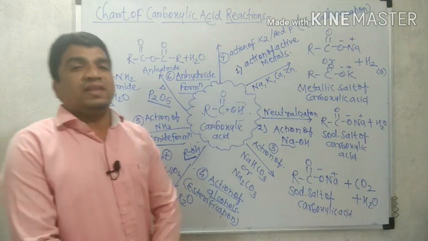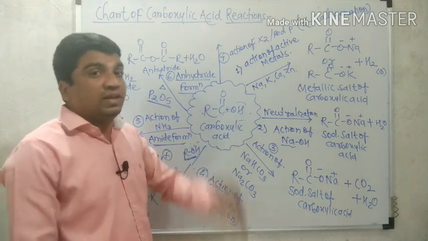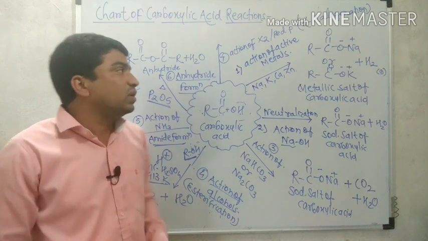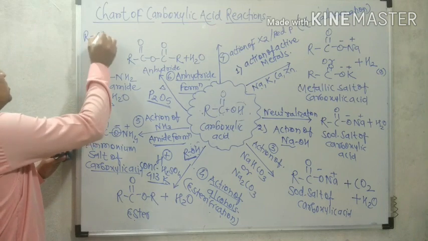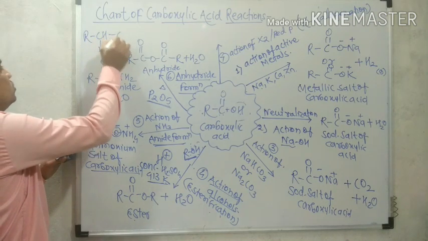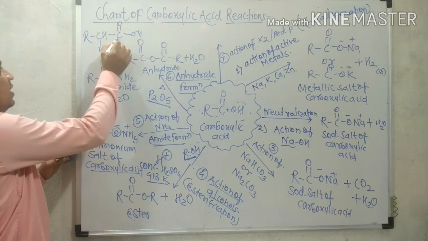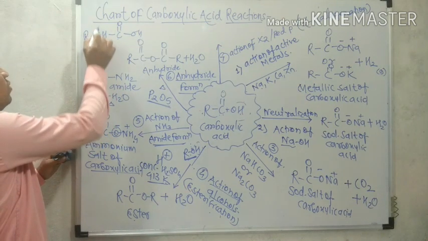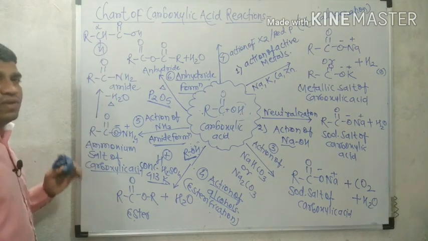Because in this reaction, the alpha hydrogen atom of carboxylic acid is involved. Which hydrogen? Alpha hydrogen. We know that if we write RCH2COOH, then this is the carbonyl carbon, and the next carbon to this carbonyl carbon is the alpha carbon, and that hydrogen is called alpha hydrogen.